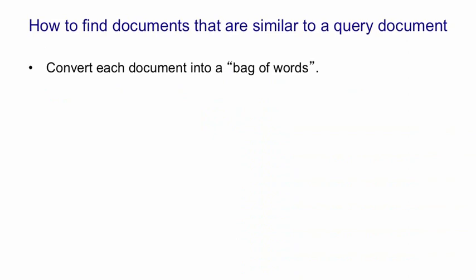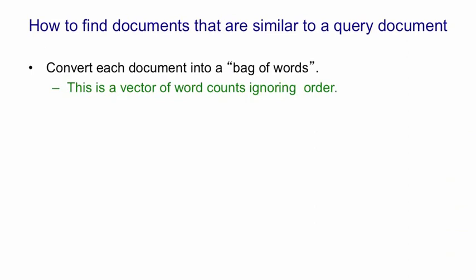To find documents that are similar to a query document, the first thing we do is convert each document into a big bag of words. In other words, we have a vector of word counts that ignores the order of the words. This clearly throws away quite a lot of information, but it also retains a lot of information about the topic of the document.